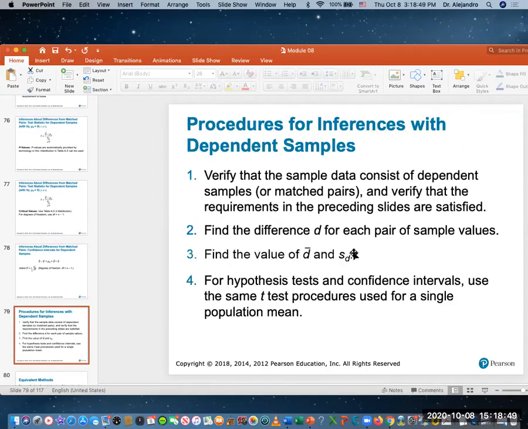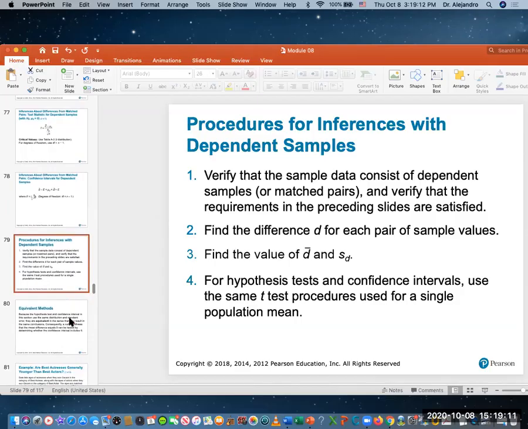Now, first verify the sample data consists of dependent samples, and verify requirements are satisfied. Find the difference d for each pair of sample values. Find the value of d bar and s d. For the hypothesis test and confidence interval, use the t-test procedures used for a single population mean.